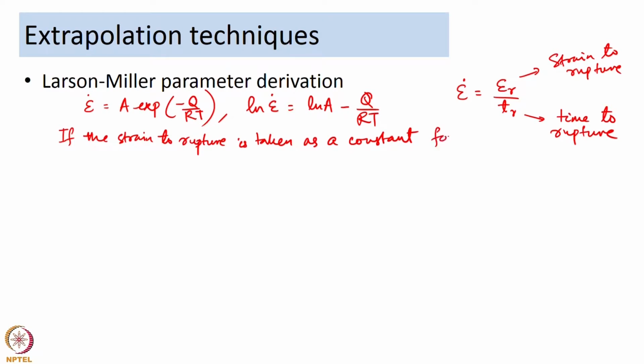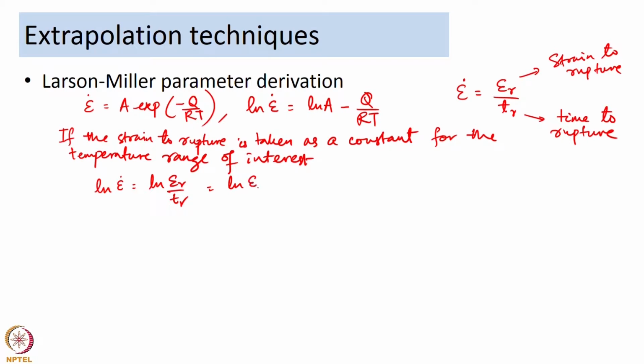Then ln epsilon dot can be written as ln of epsilon r by t r.